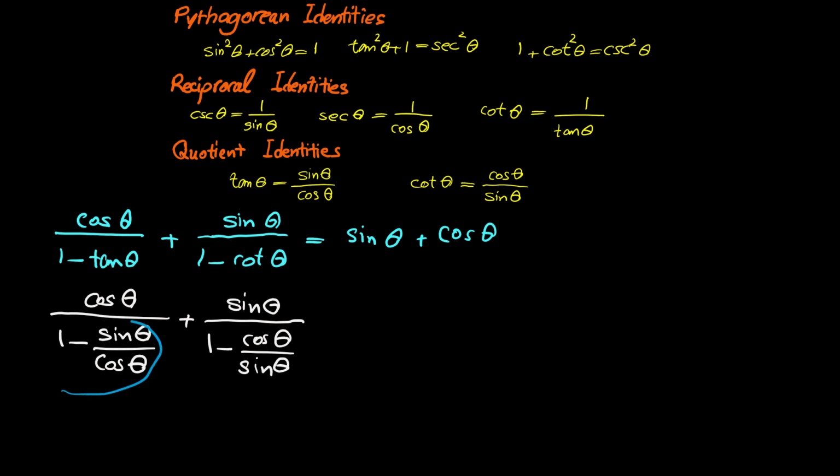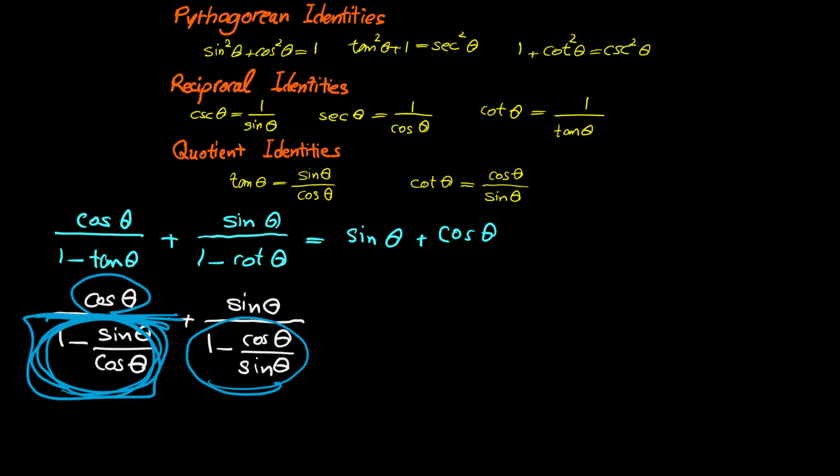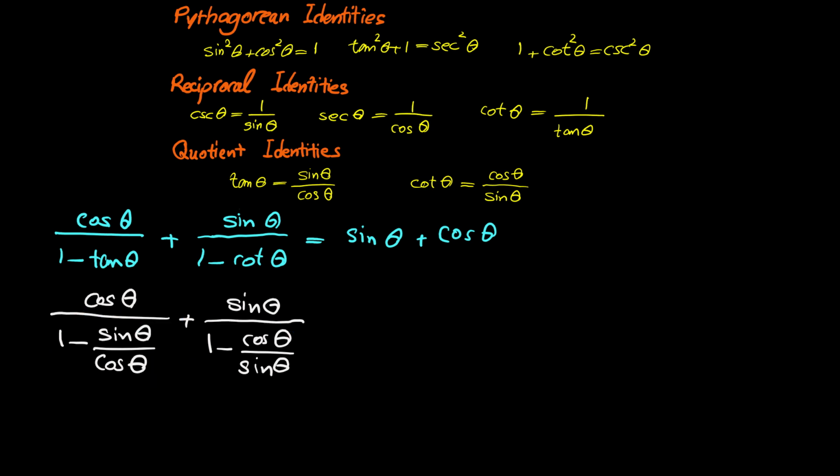Maybe you are thinking of doing a common denominator between these two, then dividing the numerator by this. That is one way for simplifying these fractions. But the better way is to try to get rid of the denominators first. How can we get rid of these denominators without doing any common denominator? Let me tell you how we can simplify these fractions in a better way than doing a common denominator.